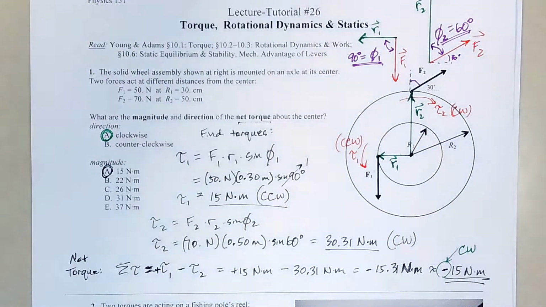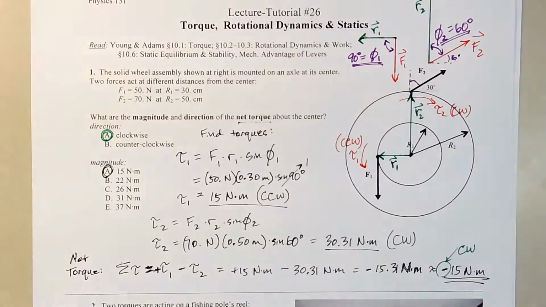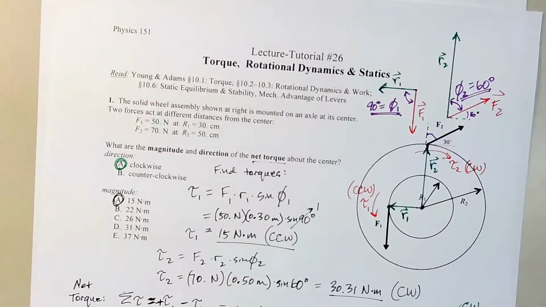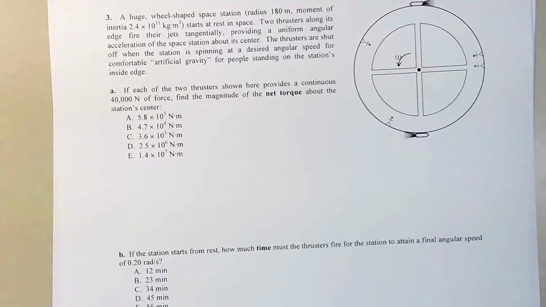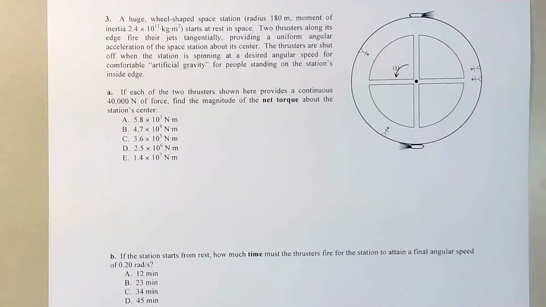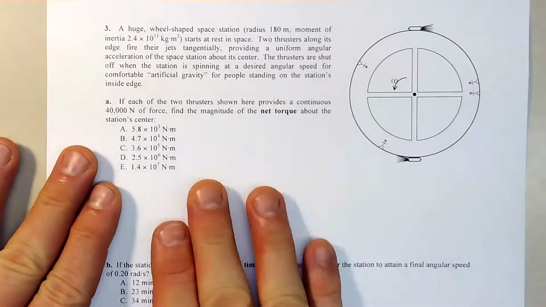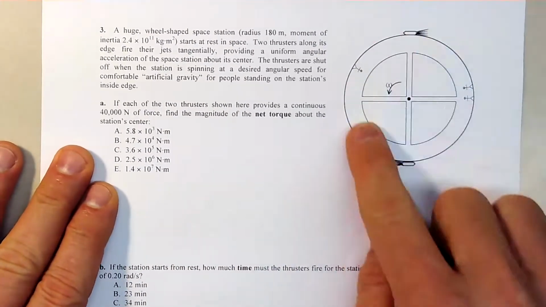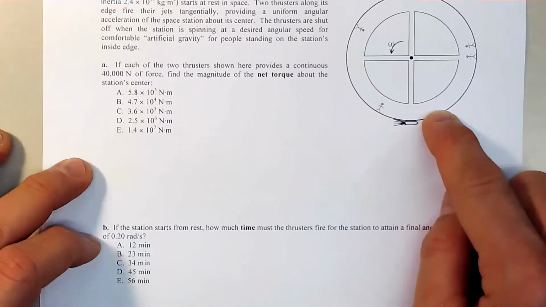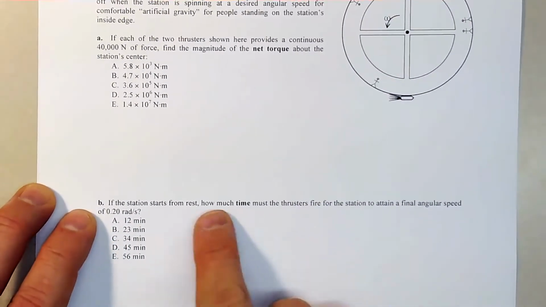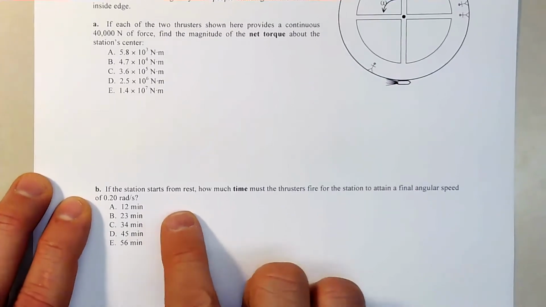Let's move on now to question number 3. Question number 3 also starts off with summing the torques. And once we calculate and sum the torques acting on this circular wheel-shaped space station, we're going to use that net torque to solve a dynamics problem.